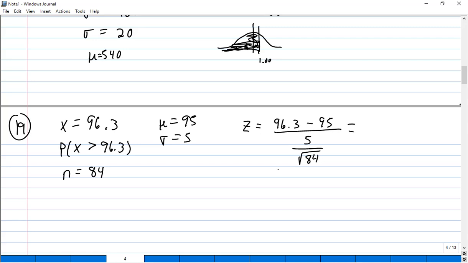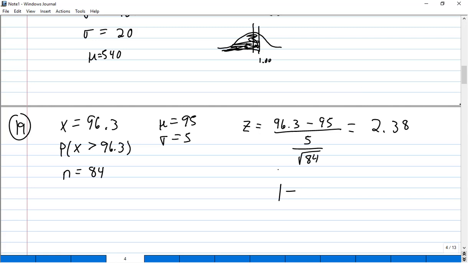If you punch that in your calculator and work it out, you're going to get 2.38 when you round. All right, and since this is a greater than problem, we can't just take the value from the table. We're going to have to say 1 minus whatever area we get when we look up 2.38.